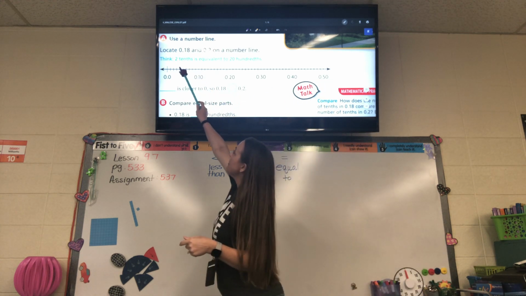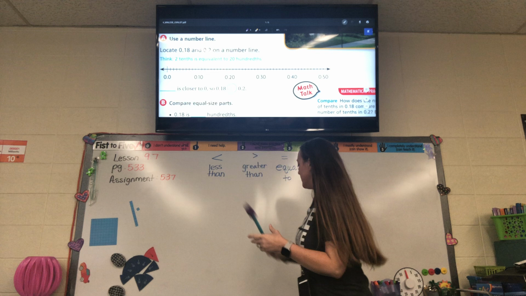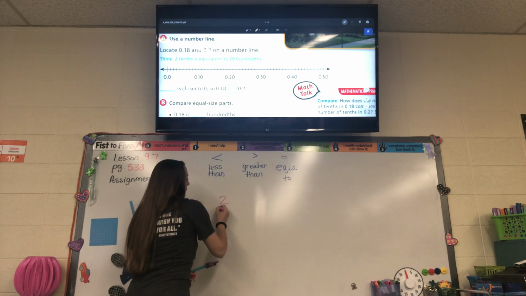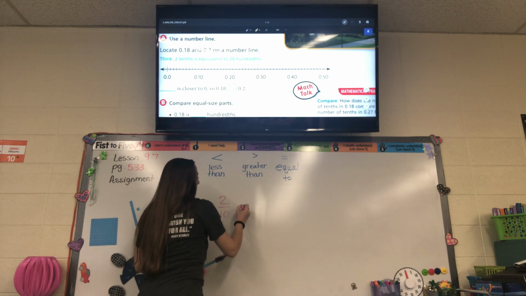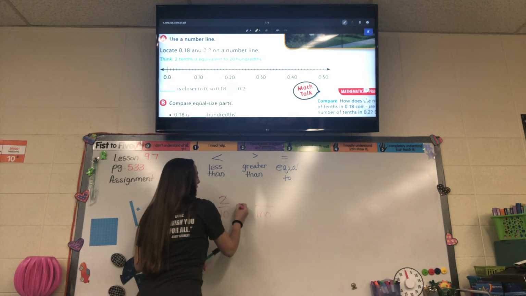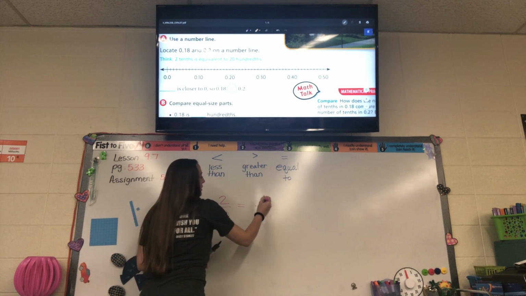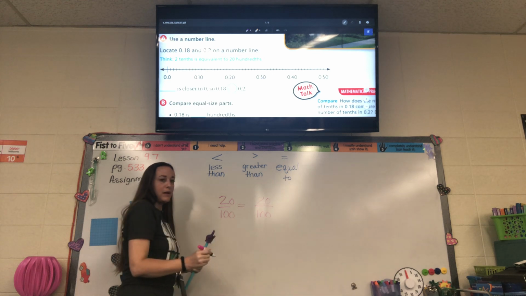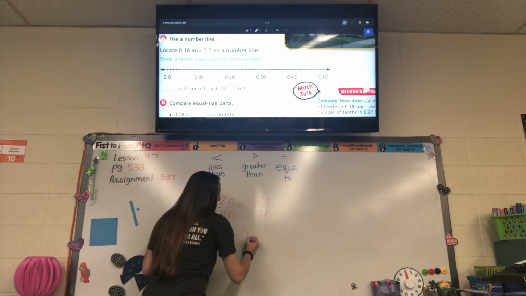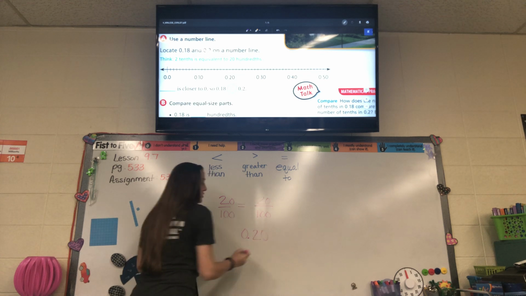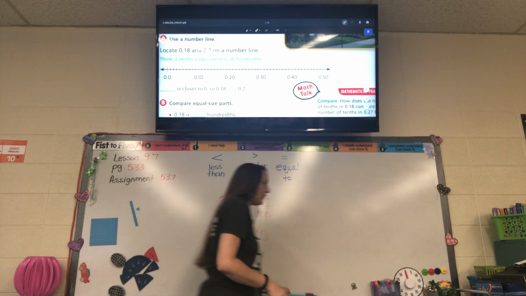But if you remember, 2/10 is equivalent to 20 hundredths, because if we have 2/10 and we need to turn that into hundredths, all we do is add a 0 behind the top and bottom number. Well, it's the same with the decimal. If you have 0.2 and want to turn that into hundredths, you just put a 0 behind it.